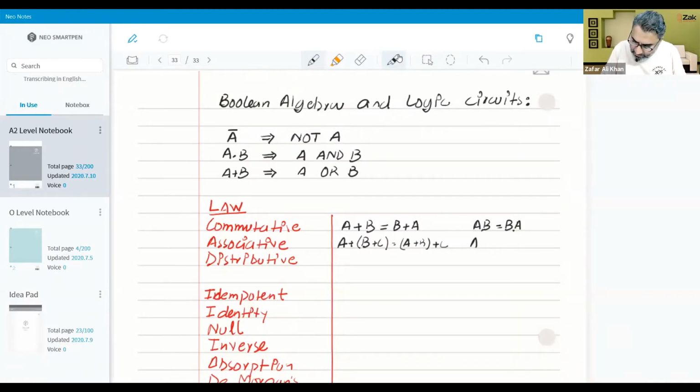Similarly, A into B into C is equal to A into B into C. Get the idea?